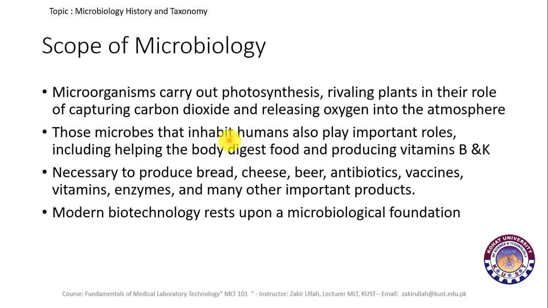They have an important role in helping the body's immune system and the digestion of food, and within the human gut they produce vitamins, for example vitamin B and vitamin K, which have an important role in the clotting mechanism and the preparation of multiple clotting factors.